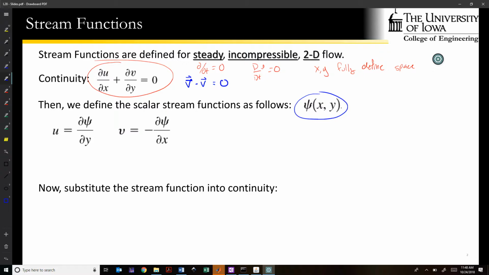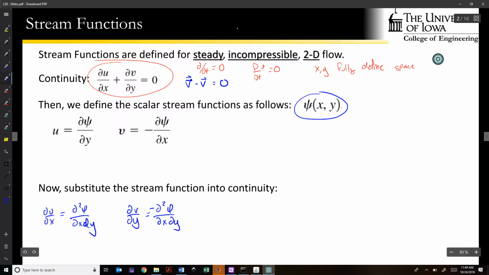This is very intentional because the idea is, now if we were to plug these two definitions of velocities into the continuity equation right here, what we would end up with is du dx is equal to d squared psi dx dy, dv dy is equal to negative d squared psi dx dy.